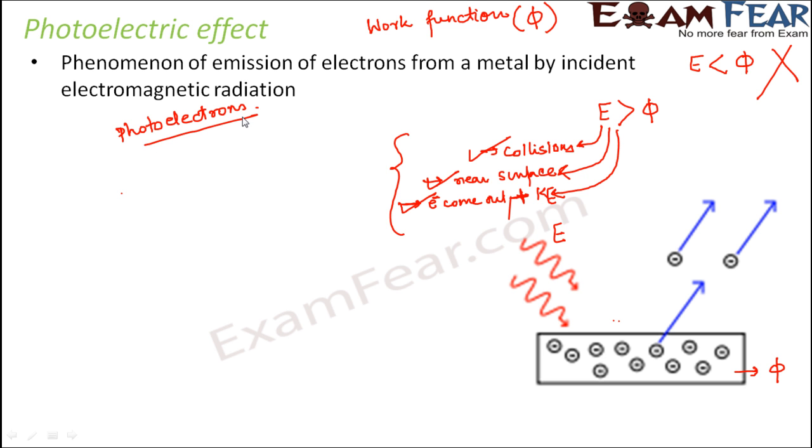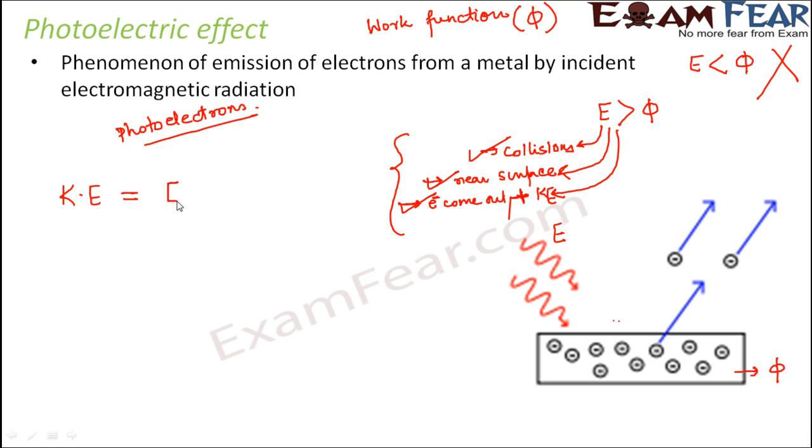Now if these photoelectrons have some kinetic energy, then what is that kinetic energy going to be? That kinetic energy would be nothing but the difference of this energy E and the work function, because as I said, only if there is excess energy over the work function is there a possibility that the electrons might have some kinetic energy, right?